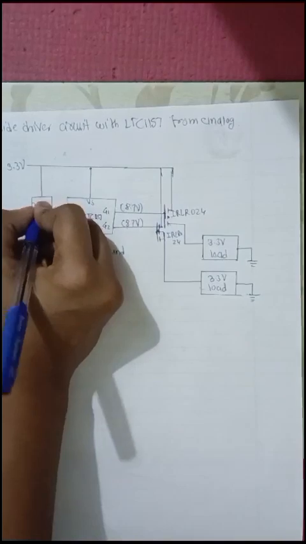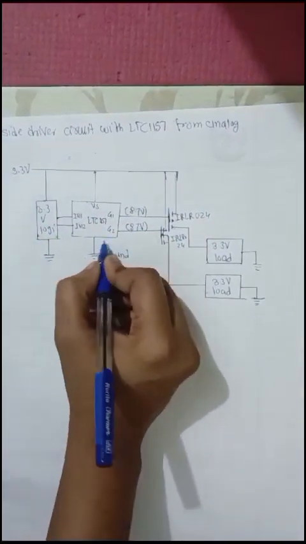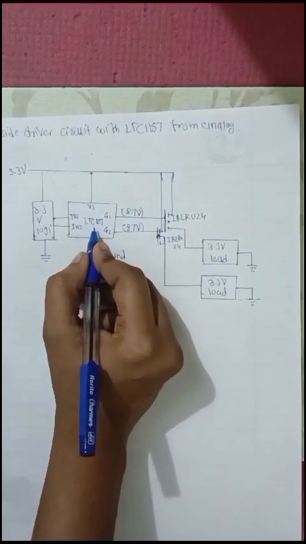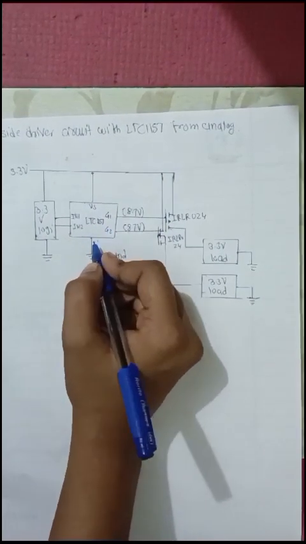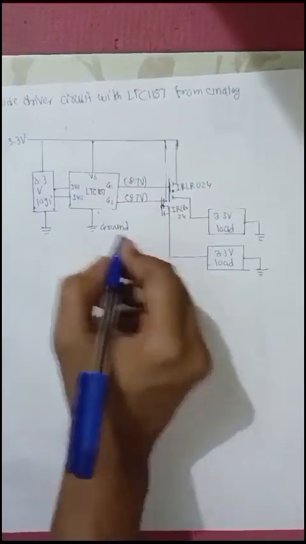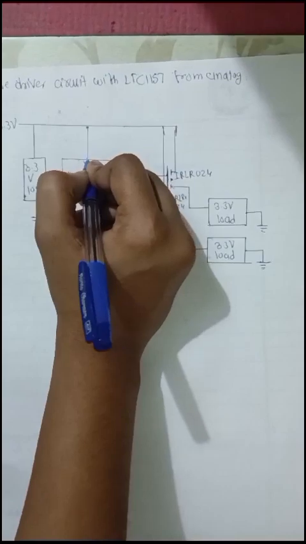Consider here a 3.3 volt logic will come from a microcontroller. This is the microcontroller side of the LTC1157, just to understand how the driver is controlled. In the microcontroller, this is a ground pin and this is a VCC pin.